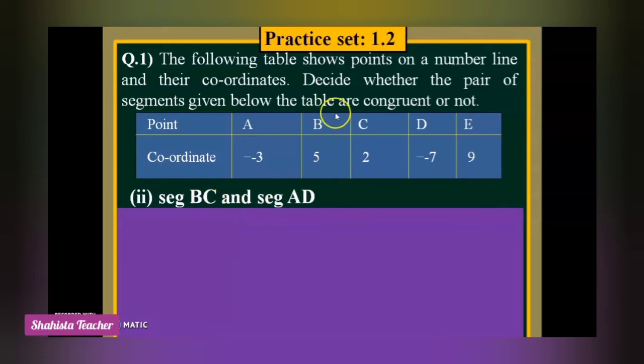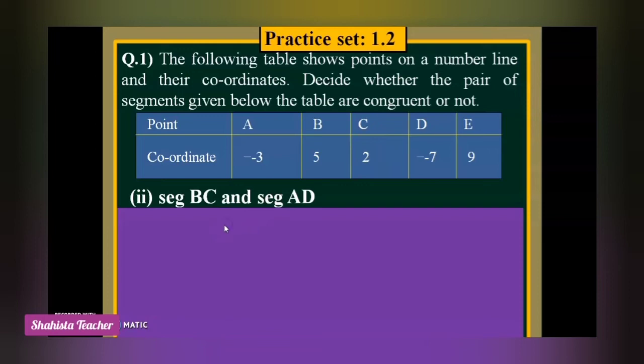Here, B coordinate is 5 and C coordinate is 2. So first we will check the distance of BC. Solution: the coordinates of B and C are 5 and 2 respectively.